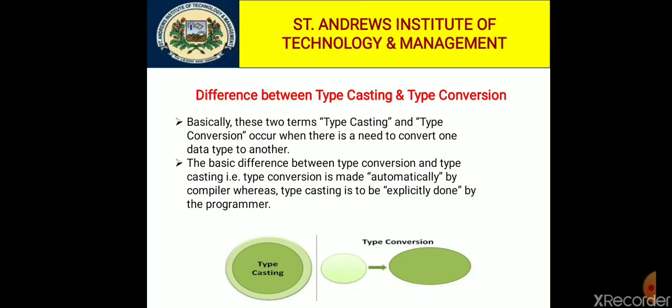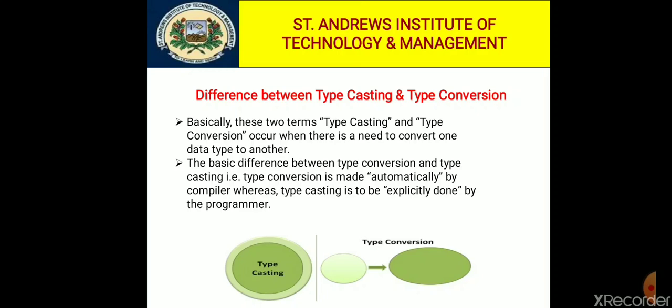If we are talking about where it is applied, typecasting can also be applied to two incompatible data types, but type conversion can only be implemented when two data types are compatible. On the basis of operator, for typecasting a casting operator is required, but for type conversion there is no requirement of any operator to convert one data type into another.